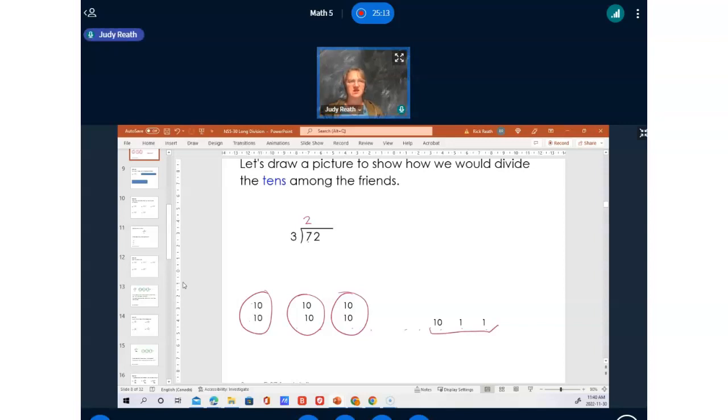Now, how many 10s did we put into groups? 3 groups with 2 10s in them gives us 60. So we've taken out 60 and put them into groups already. So we're going to subtract those out, leaving us with 1 10 and 2 1s. And that's what we have over here, right? 1 10 and 2 1s.